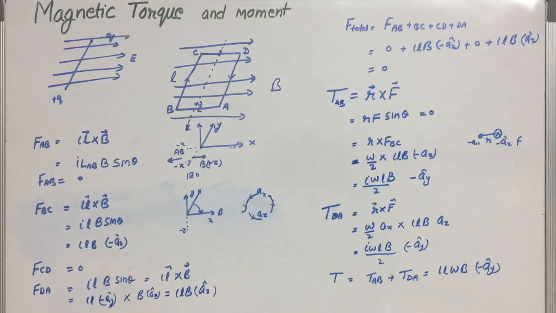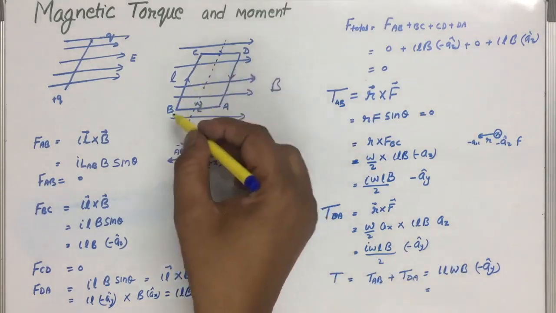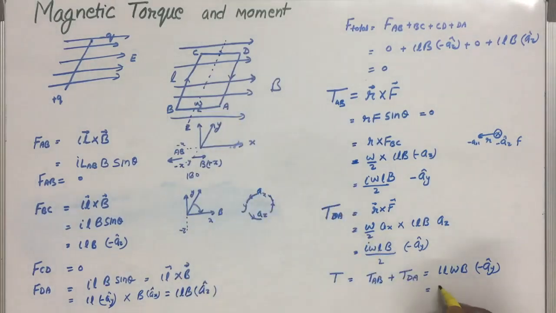Okay, so this is the torque. If we simplify this, L multiplied with width, L is this, width is this, will give us area, B in the direction of AY.